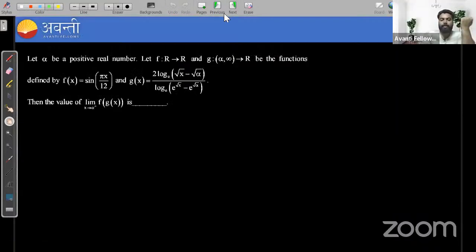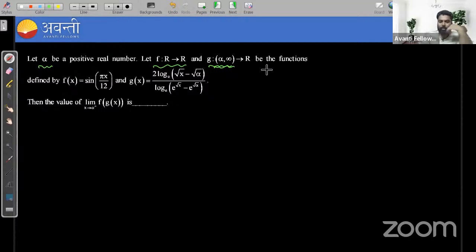The next question is: let alpha be a positive real number, and f is a mapping from R to R, and g is a function mapping from alpha to infinity to R. The domain of g is alpha to infinity.